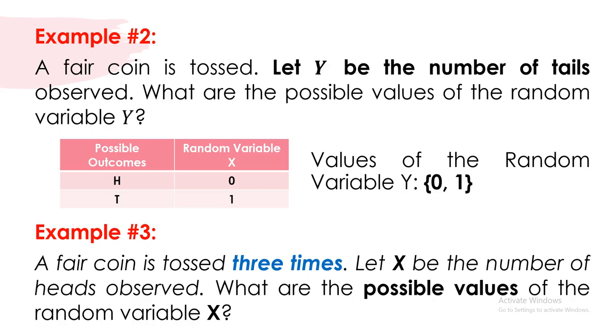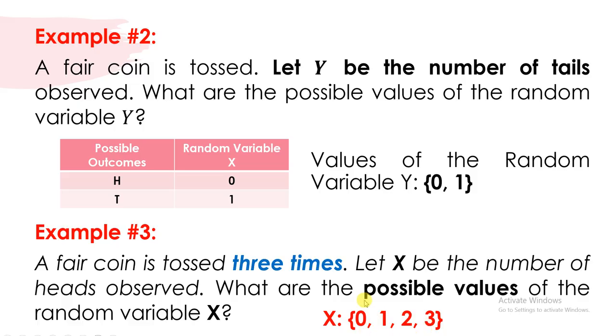Example number 3. A fair coin is tossed 3 times. Let x be the number of heads observed. What are the possible values of the random variable x? We have a coin, but we are going to toss it 3 times, and the random variable will represent the number of heads observed. The values of the random variable will be 0, 1, 2, and 3.